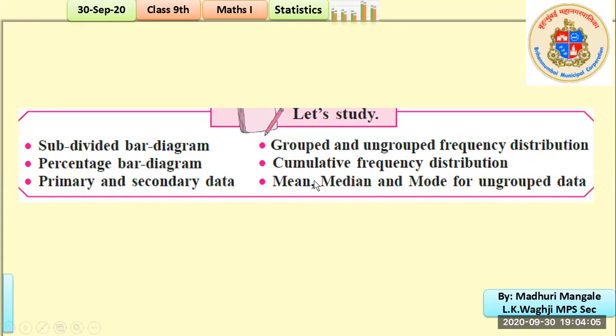Later, we would be looking at cumulative frequency distribution and its types. And finally, we will be doing some central tendencies of data, that is mean, median, and mode. Okay, so let us begin with subdivided bar diagram and percentage bar diagram.